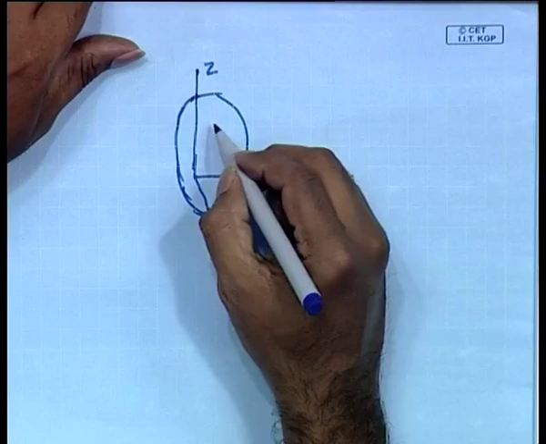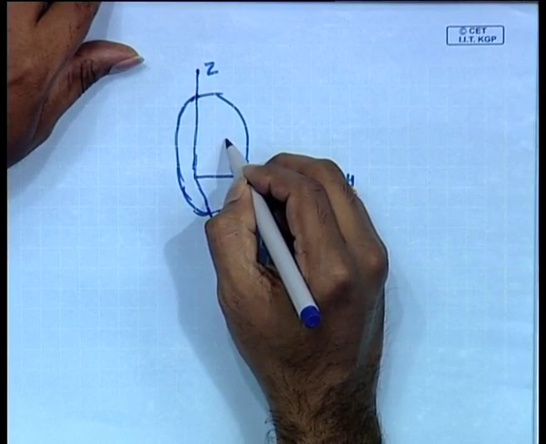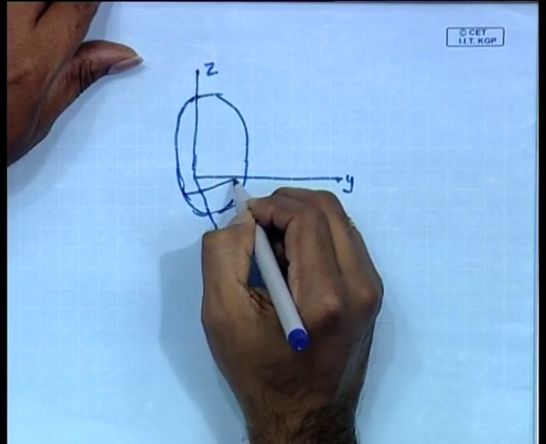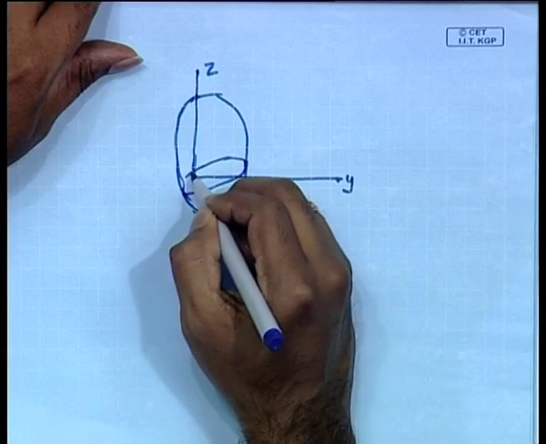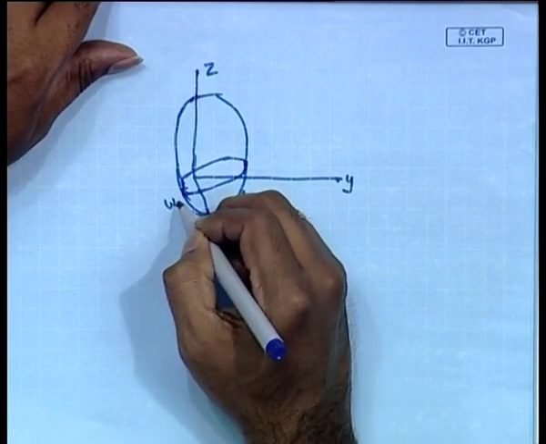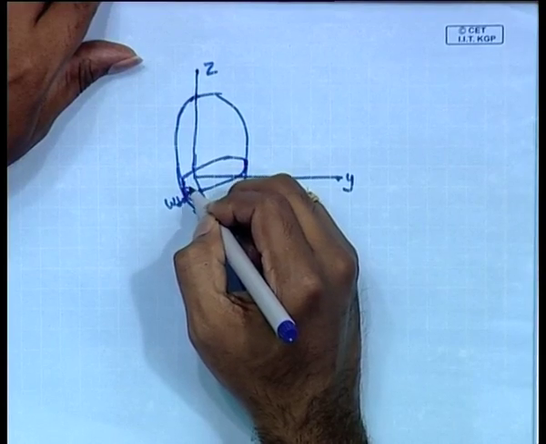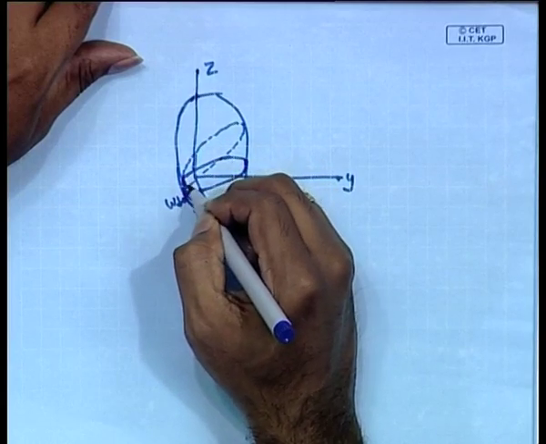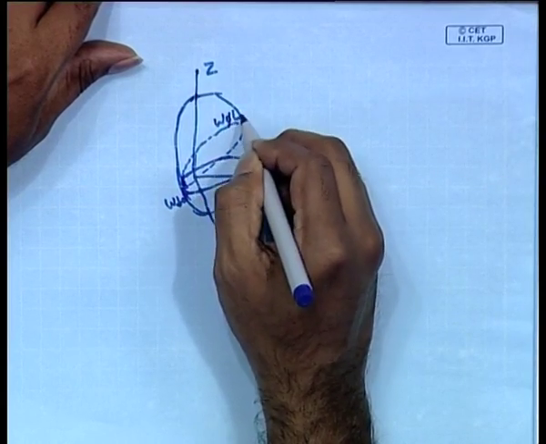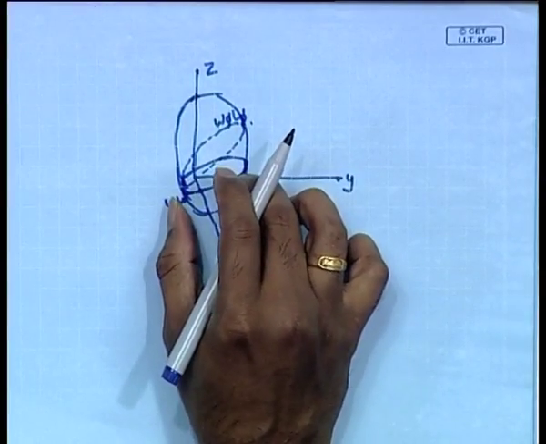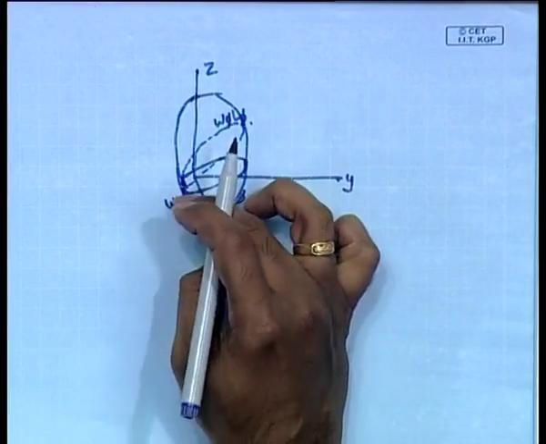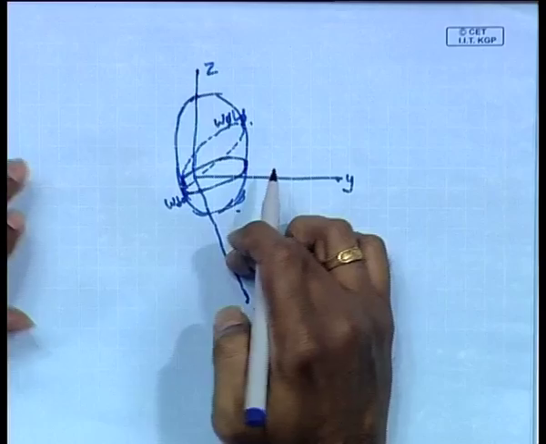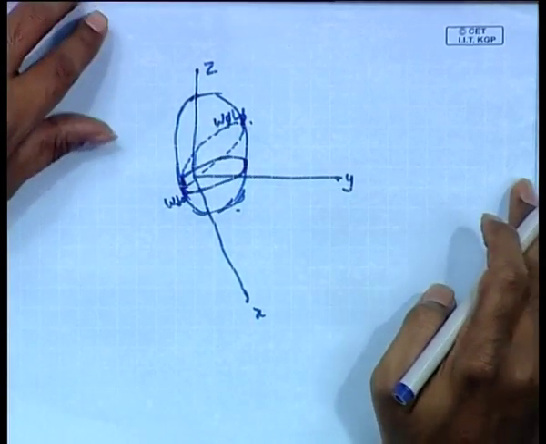Suppose there is a body here, this is its water plane W0 L0, and then it tilts and it gets a new water plane area, W5 L5. So initially it is here and then it is tilted into W5 L5 about the axis of inclination x. The body has tilted about x.